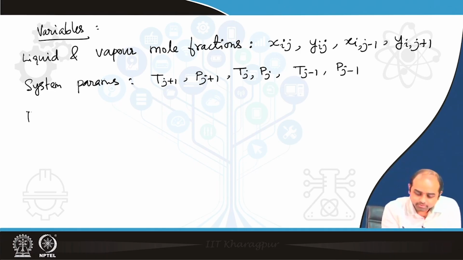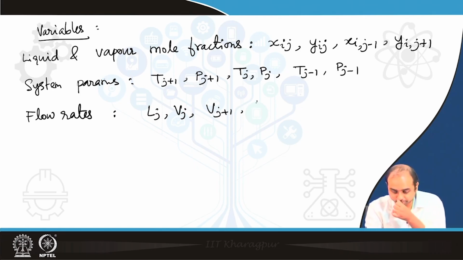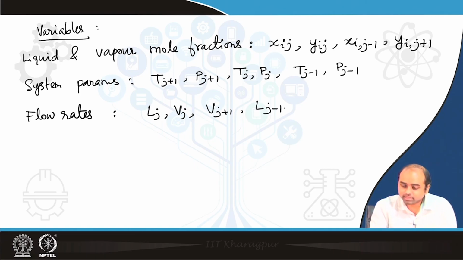Flow rates. You have Lj, Vj, then you have Vj plus 1, that is the vapor flow rate from the bottom tray, and Lj minus 1 is from the top tray we are getting, right. So next is other stream properties.